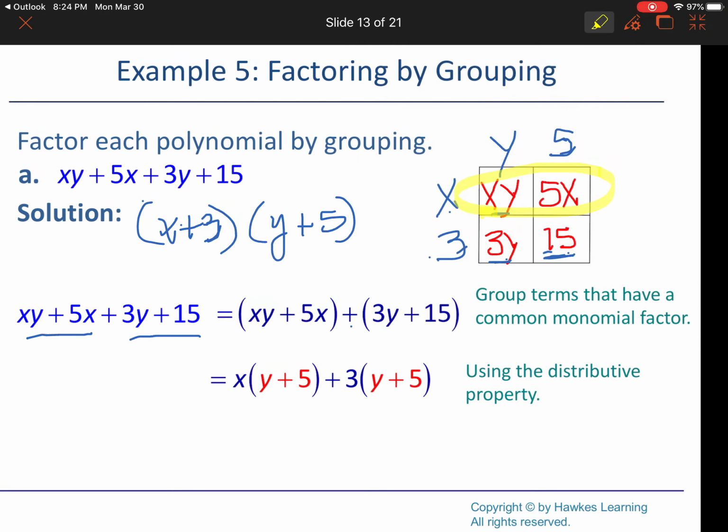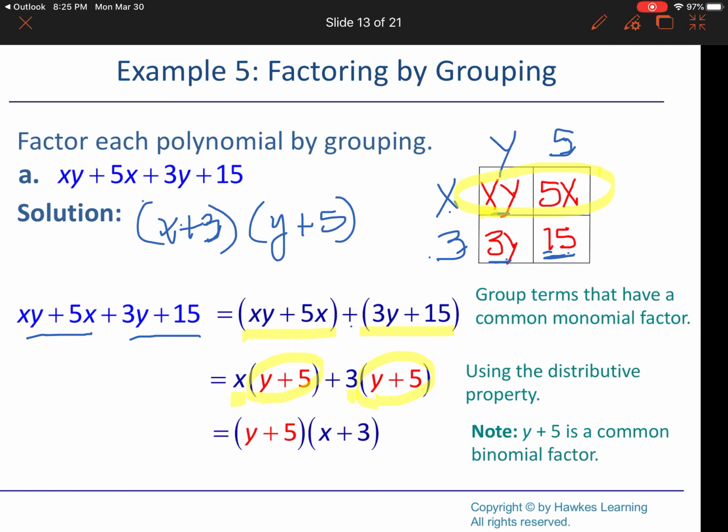So I pull out the greatest common factor of the first two, and it's an x. That's all they have in common, right? And out of the second two, a 3 is all they have in common. But what was left, this x plus 5, they're both the same, and that's the key. If they're both the same, it's going to work.